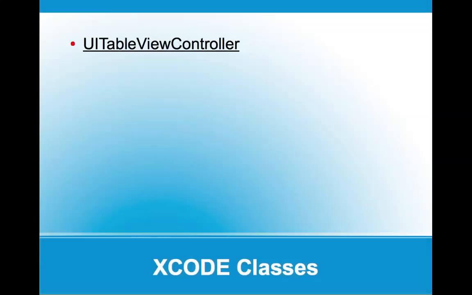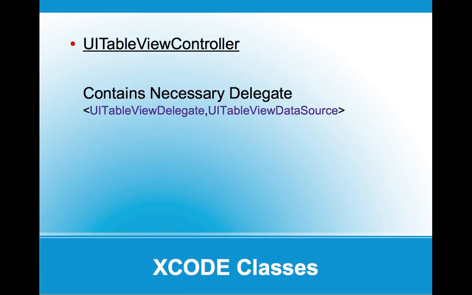And finally, the table view controller was a specific view controller we saw. There may be others for different types of controllers, main controllers, and it contains the necessary delegate information. So we had the UITableViewDelegate, which gives us all the classes and class methods and information that we need to create the table view, and the table view data source information, class methods for that, and instance methods for that.